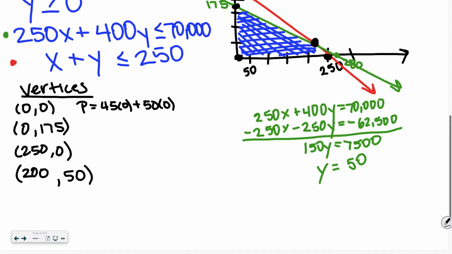Pods 1, 2, and 3, plug in 0, 175. Pods 5 and 6, plug in 250, 0. Pods 7 and 8, plug in 200, 50 for me.